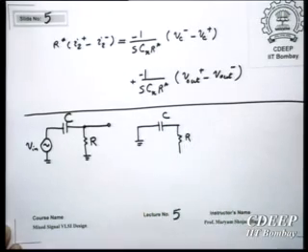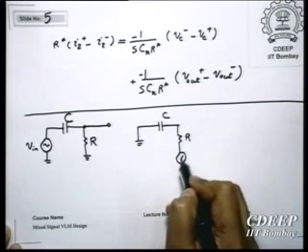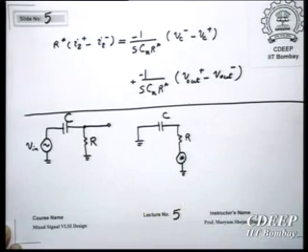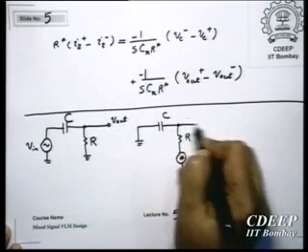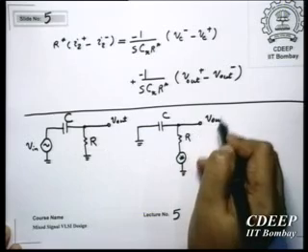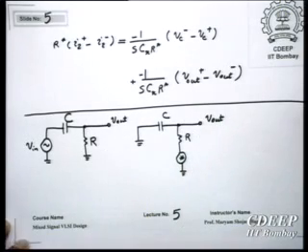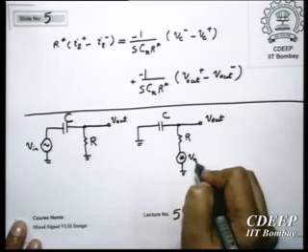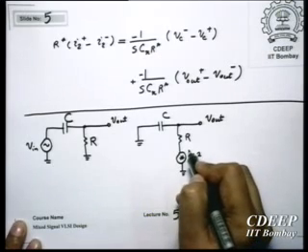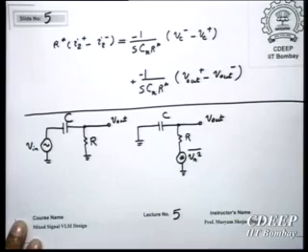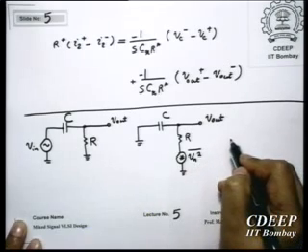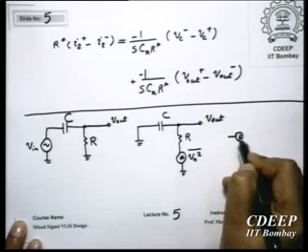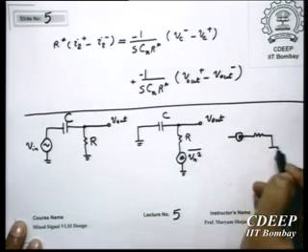R, and there is a noise source associated with R. This is Vout. Now what is the transfer function for noise, right? This is Vout, this is the noise source. You reconfigure it, I'm just redrawing it.